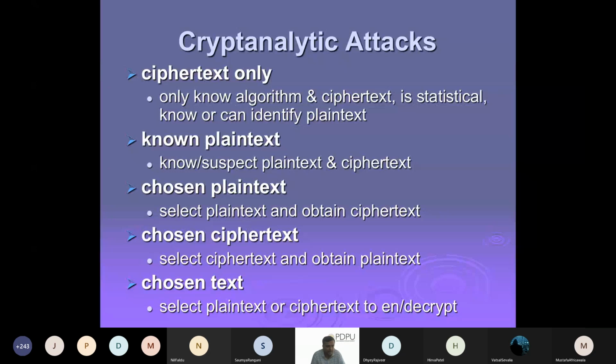Don't assume that the attacker can only ask once. Ultimately, using this, the attacker can analyze the messages and check whether a guess of the password or message is correct or not. So you have to assume the attacker has a certain kind of privilege, and they are going to use it.